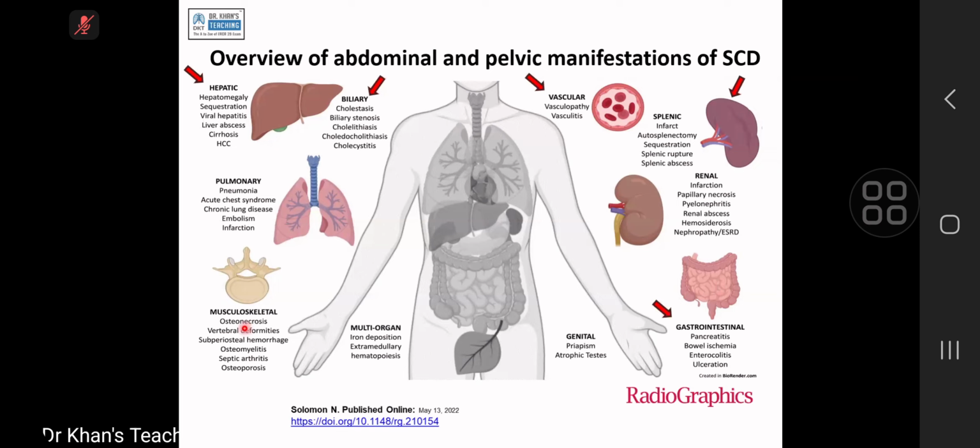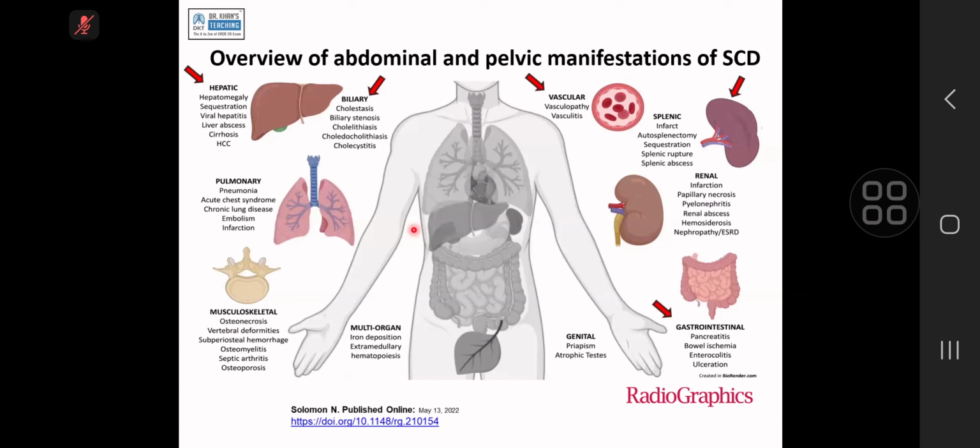So these are the musculoskeletal abnormalities. Then genital, gastrointestinal, and I think I've shown you cases with gastrointestinal. Then renal, splenic, biliary, and also brain, which is important.